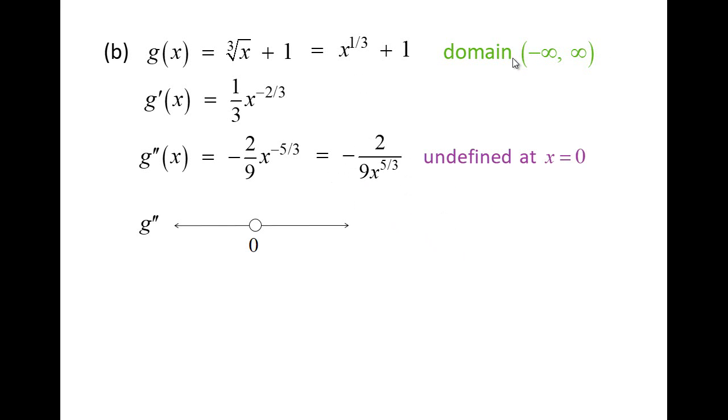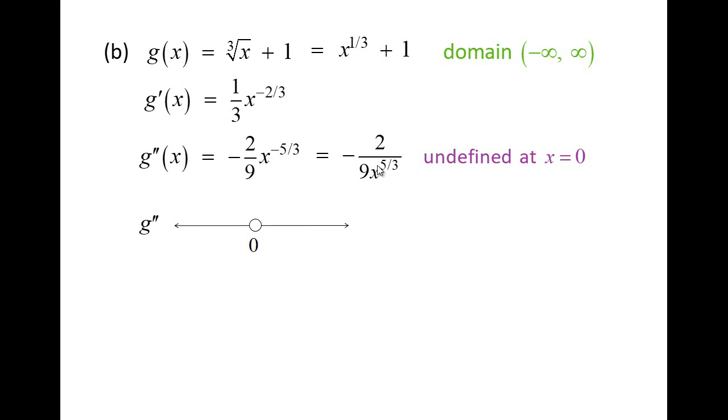So I'm going to divide the domain at this point 0 where the derivative is undefined. And now I'm going to say, okay, what is the sign of the derivative when x is negative? Well, notice that when x is negative, the cube root of a negative number is negative, and then the fifth power of any negative number is also negative.